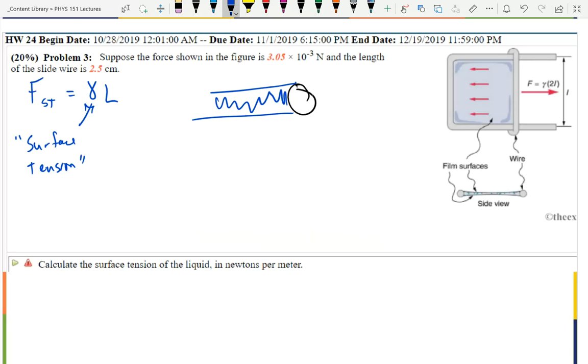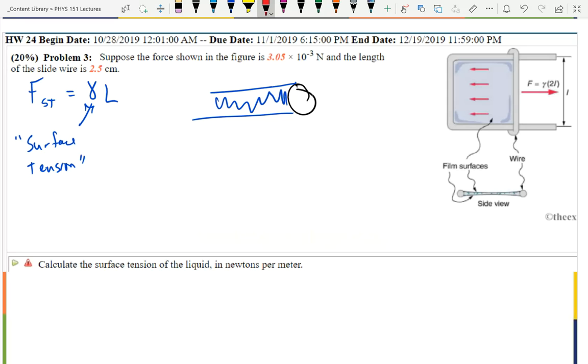So the top edge has a force of surface tension. What direction is the force of surface tension going to be on the top edge? Left, right, up, down, in, out. Okay, we got it on the third try, but these were just guesses.